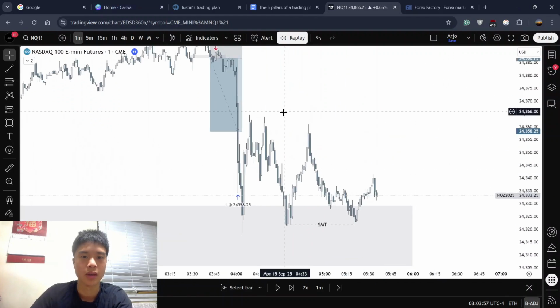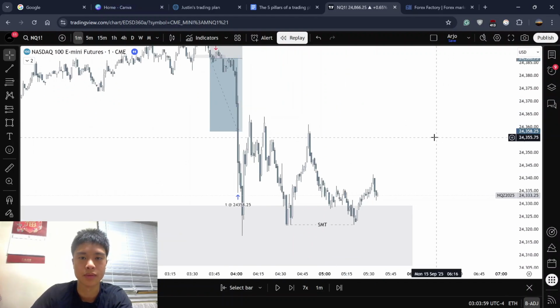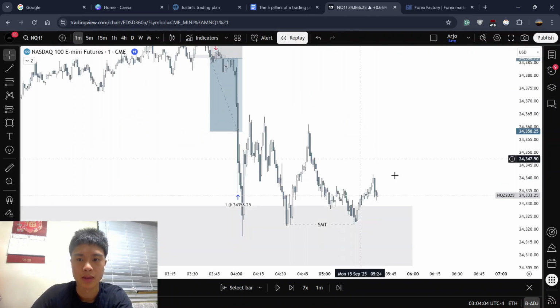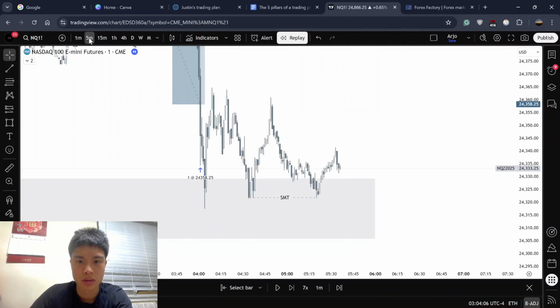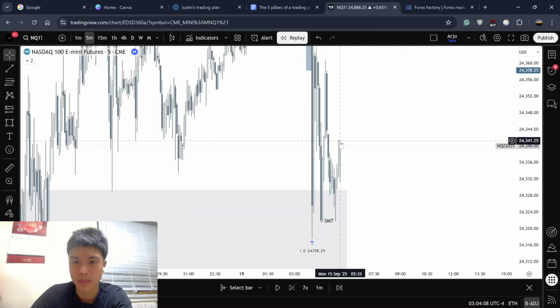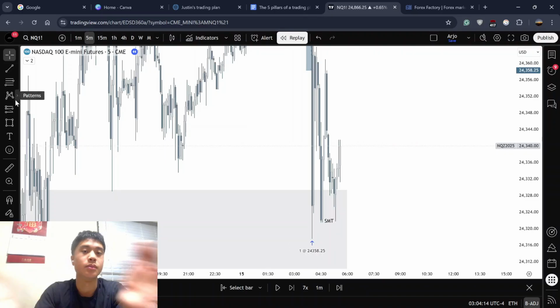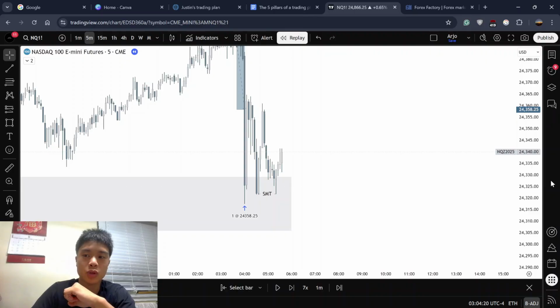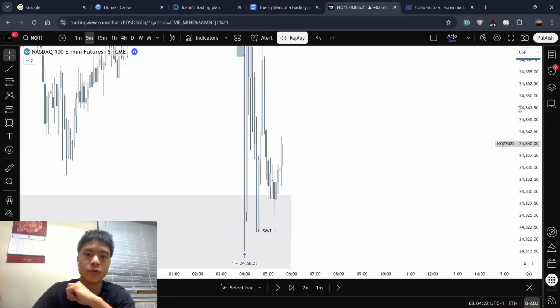Okay, now I'm waiting for a close above this 1-minute inversion fair value gap. Let's see if we get it. Actually, there's a better inversion fair value gap we could use right here. If a candle closes above a 5-minute inversion fair value gap, it's actually much more powerful than a 1-minute inversion fair value gap.